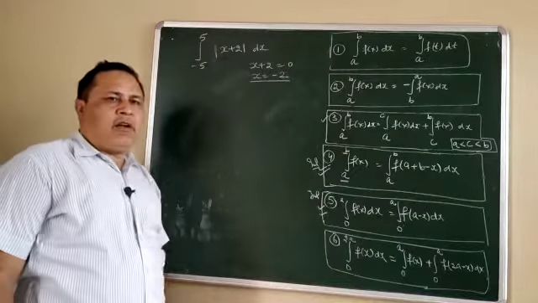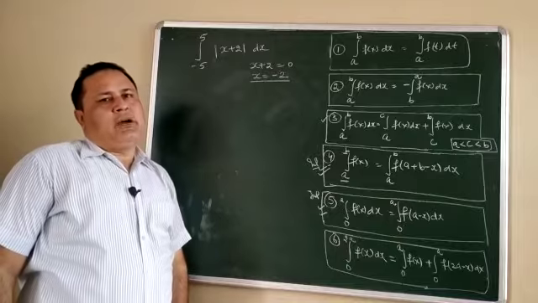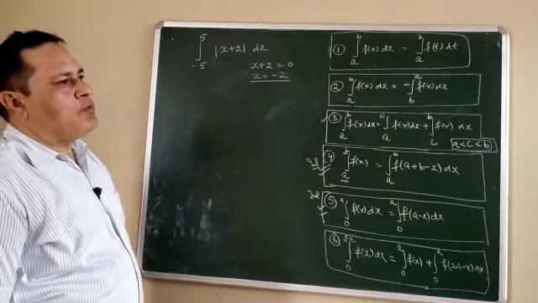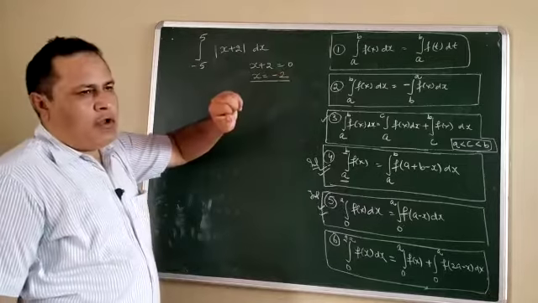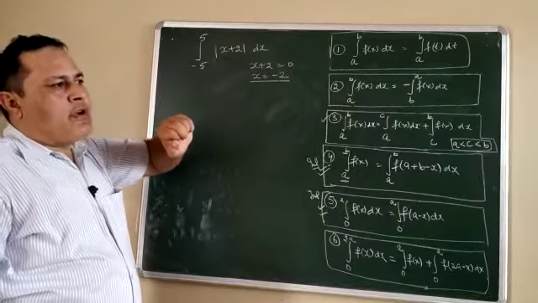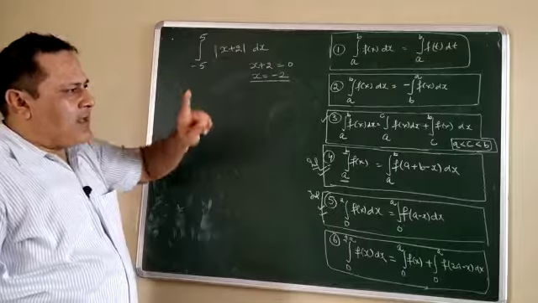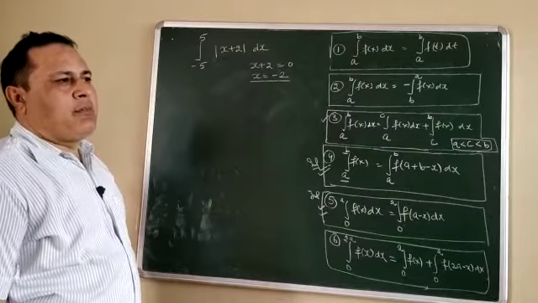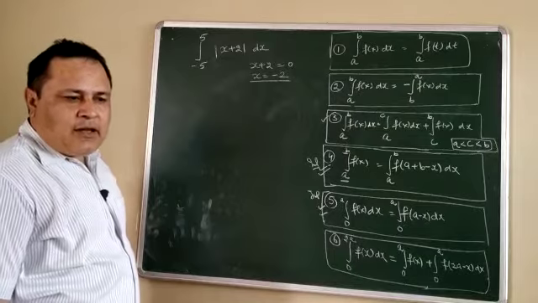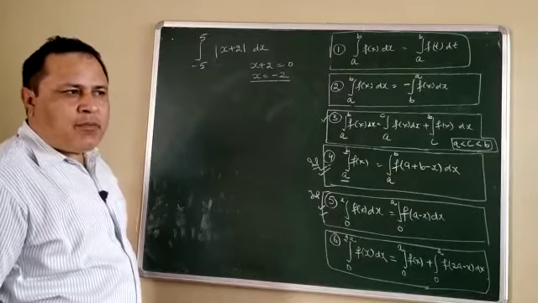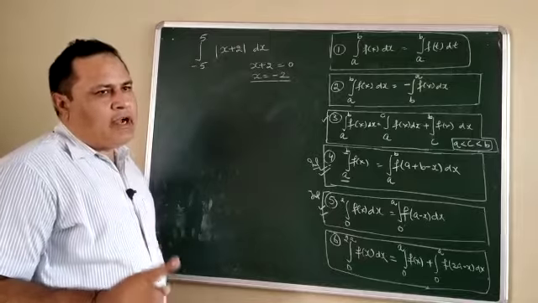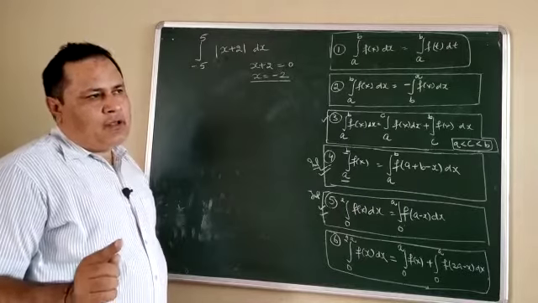Then you go for factorization of the quadratic equation by splitting its middle term. After factorization, you get two different values. Out of these two values, the value which lies in the interval will be acceptable. If both values lie in the interval, then both will be acceptable. If only one value lies in that interval, we accept only that value and the second value is rejected.